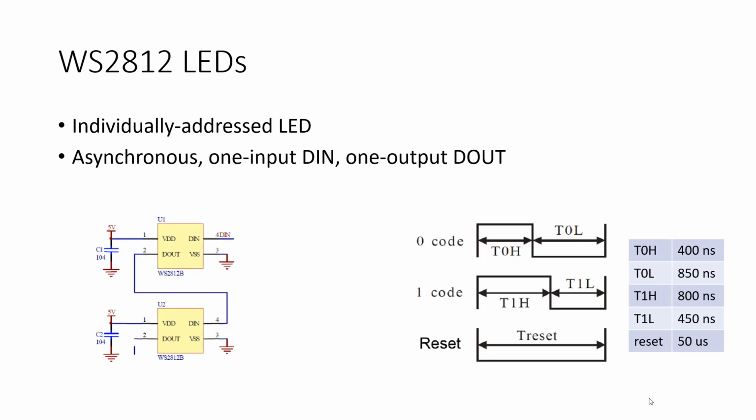If you put 24 entries in this RAM, you're basically saying high for this long, low for this long, high for this long, low for this long, and so on, 24 times. And that will program the RMT to send out 24 bits using this encoding scheme. You guys with me?